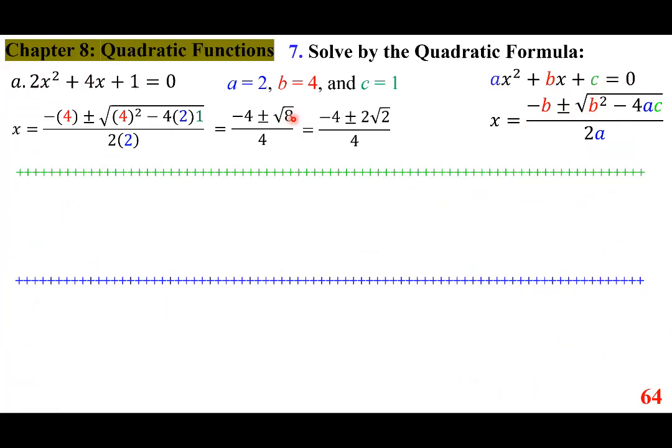Now, here's what I want you to pay attention to. There is a common factor of 2. You can't drop the 4 and 4. That's not how it works. You have to factor out the 2, because in essence, you have really 2 fractions. So you can drop a factor of 2. This becomes -2.